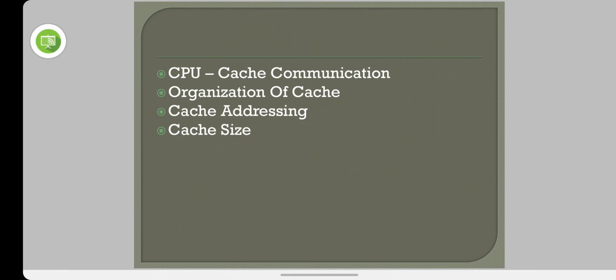Now the CPU cache communication, organization of cache, cache addressing and cache size.